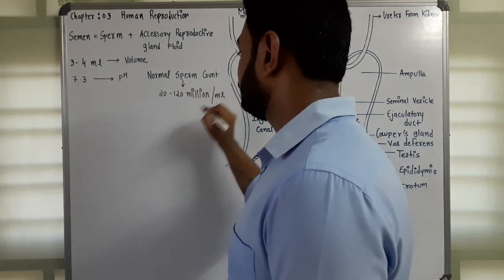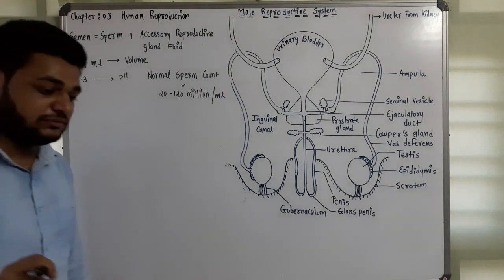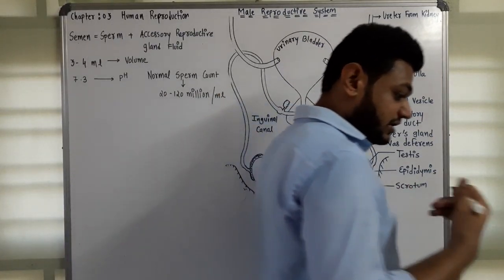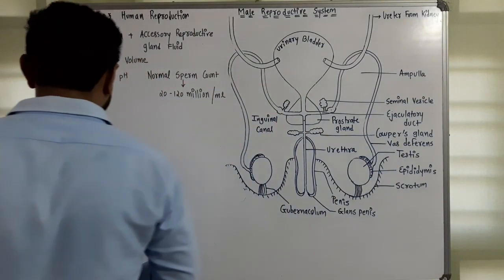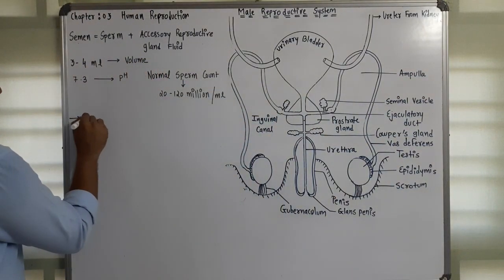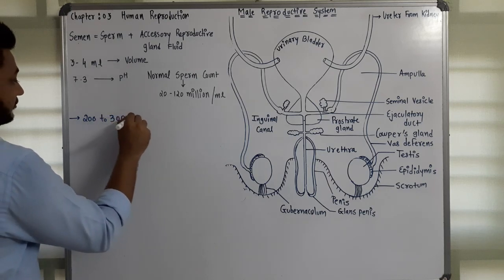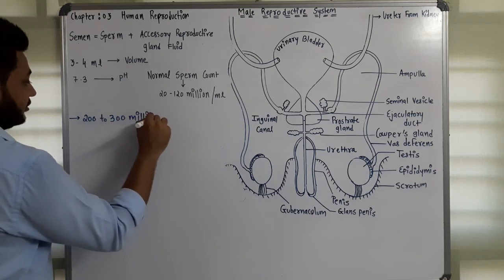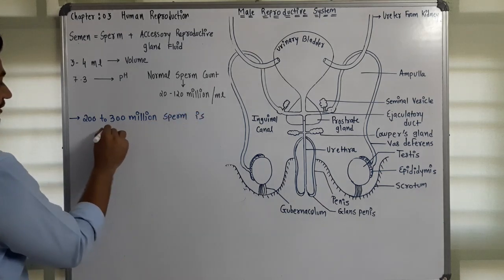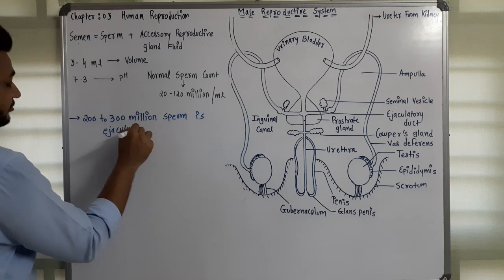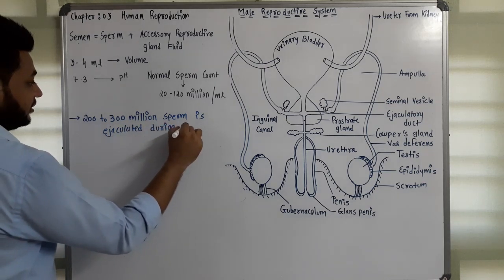That means 200 to 300 million sperm are ejaculated during a single coitus. How much? 200 to 300 million sperm are ejaculated during coitus.